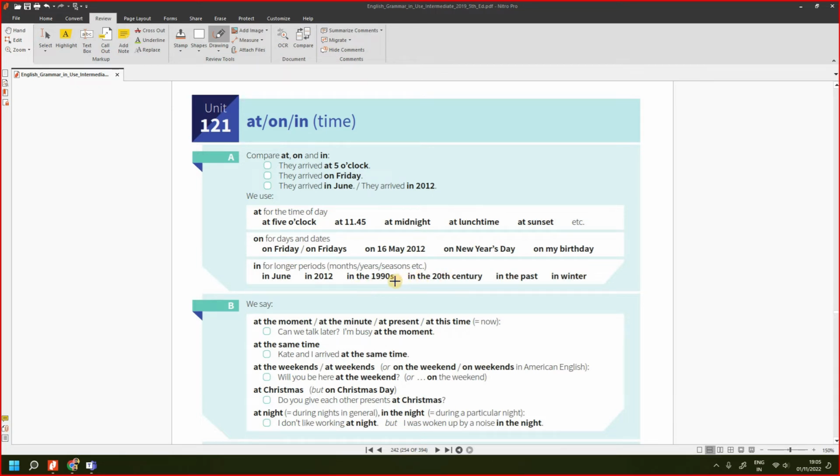Okay, because you are very specific. This denotes specific time. And again in the 20th century, in the 19th century, like that. Okay. And there's also in the future, in the past. Okay, like that only we say in the present. Always with the words past, present, future, the definite article will definitely come. Okay, you have to remember this.